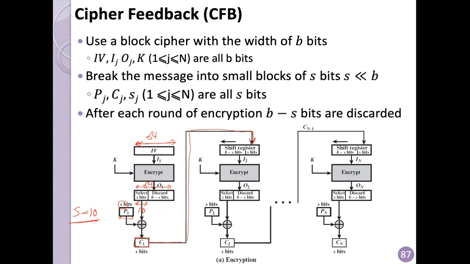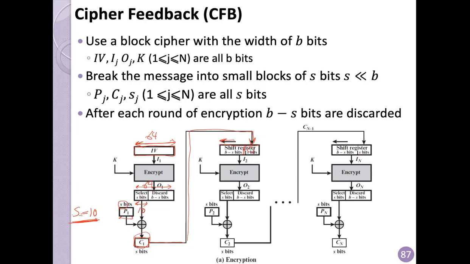It's going to be used in the next block. Here we use the initialization vector that normally gets a random value. Whatever value we have in the initialization vector, we shift it to the left S bits, and put this C1 at the right side of that.